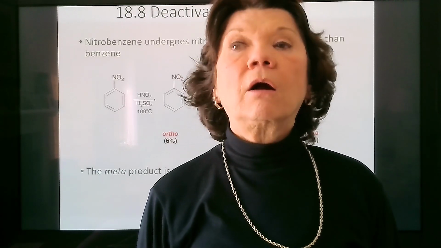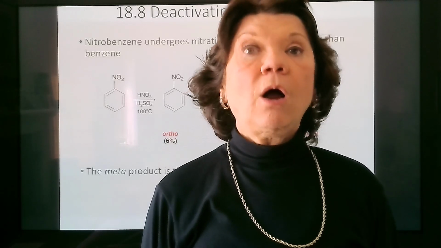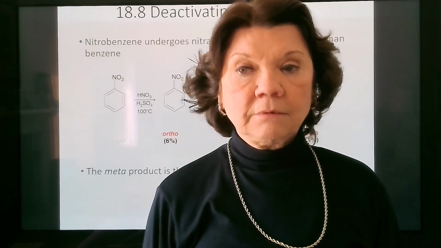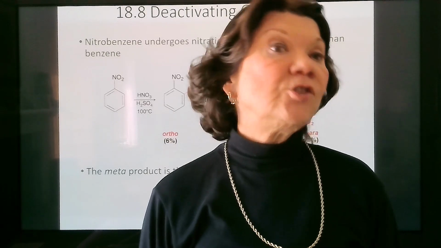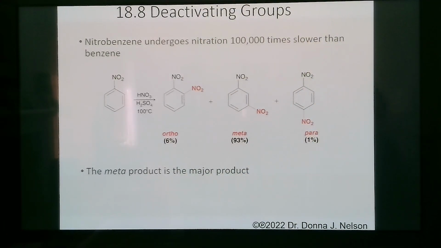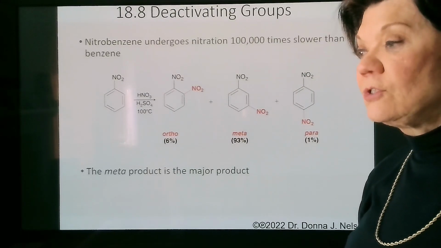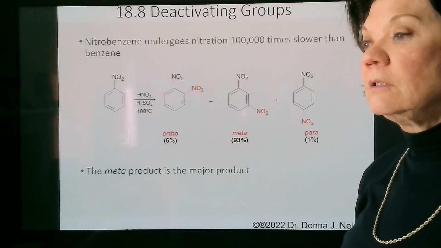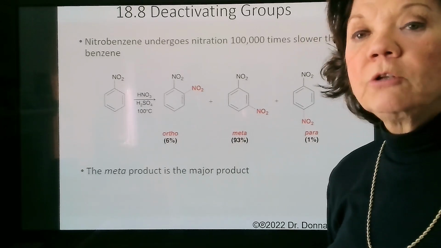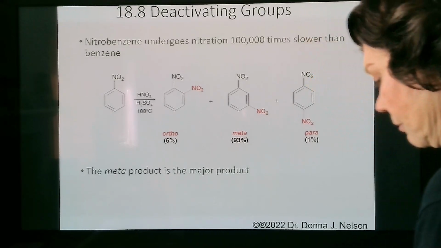Activating groups are ortho-para-directing. Deactivating groups are meta-directing. There's one exception, and that's the halogens, and we'll cover those in a minute. So it's convenient that this forms a very small number of groups. It makes it easier for you to remember this.